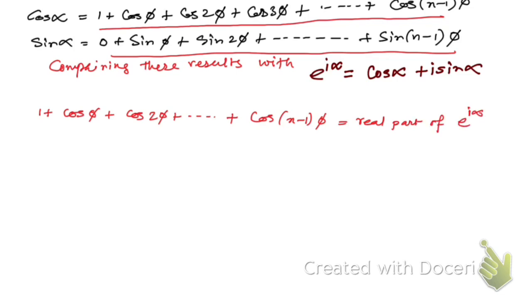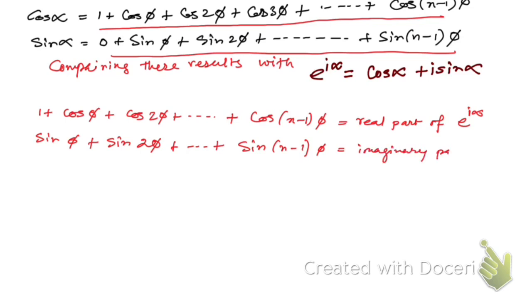Then sin phi plus sin 2 phi plus dot dot dot plus sin (n minus 1) phi is the imaginary part of e to the power I alpha.